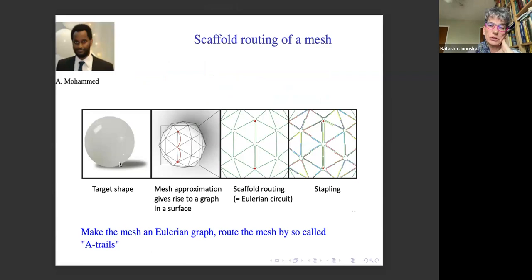So imagine that you have a target shape and you want to design this. The whole point is to traverse this mesh in an Eulerian circuit and design these short staple strands that will bring the long strand that traverses the whole graph, the reporter strand, with complementary parts that can join different parts of this long strand in a way to form this shape.